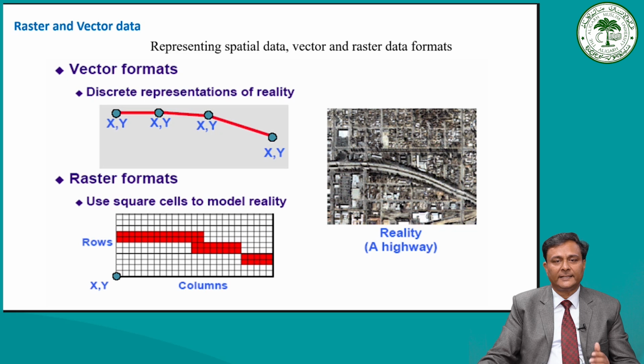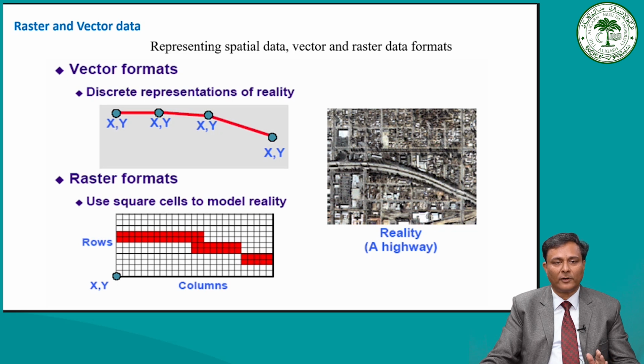You can see that the vector format represents specific features on the Earth's surface and assigns attributes to those features. Vectors are composed of discrete geometric locations, and as you can see in this upper left image, it has specific xy values, and these values are assigned to each vertex.